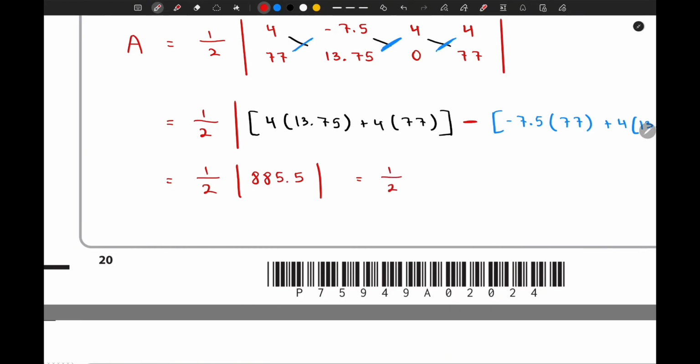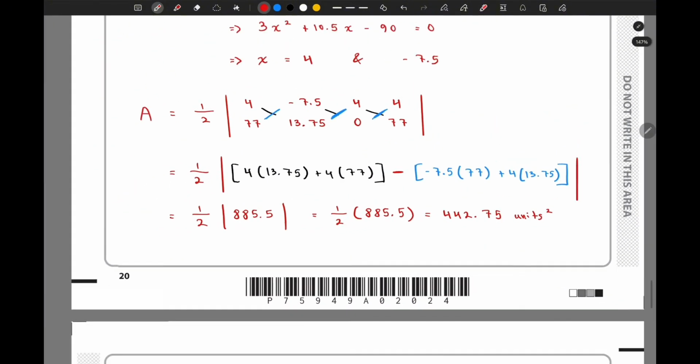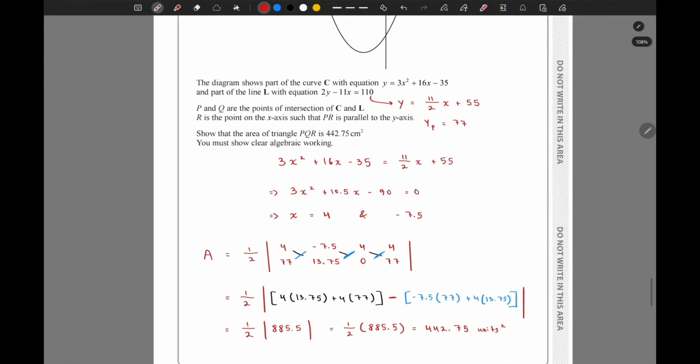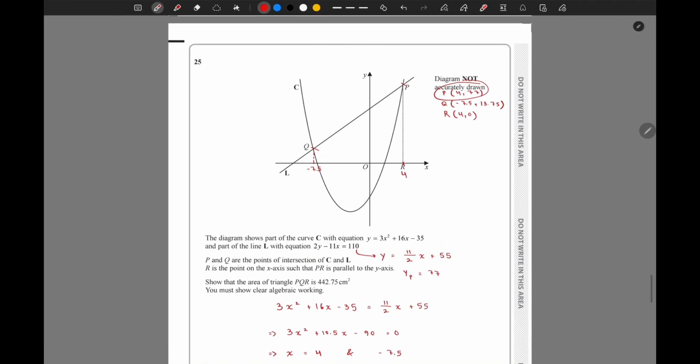Now, since this is already a positive value, we can just remove the modulus bar and replace it with the brackets. So this is equal to 442.75 units squared. So that is the area of this triangle, and that is the answer to this question.